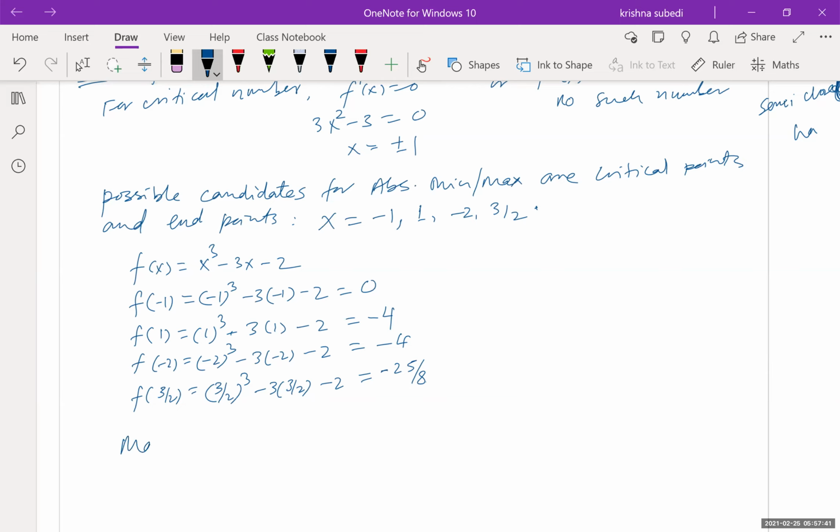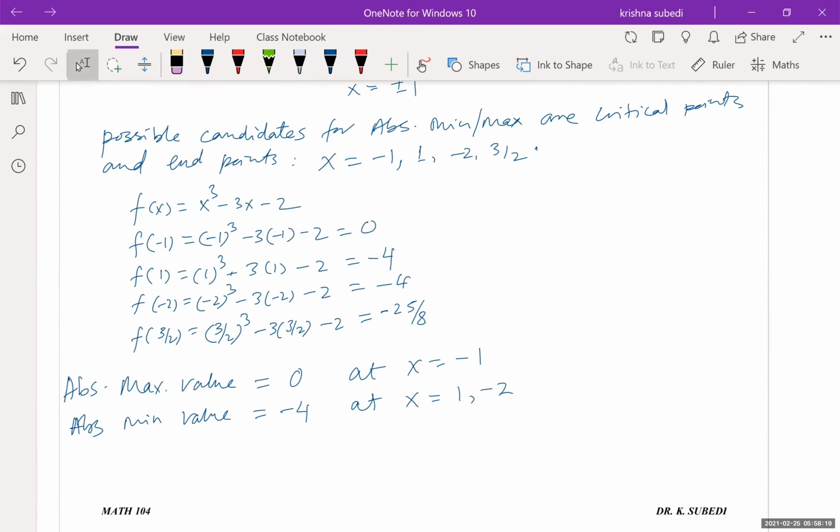The absolute maximum value is 0 at x equals -1, and the absolute minimum value is -4, which occurs at x equals 1 and -2. That's how we calculate if we are given a closed interval.